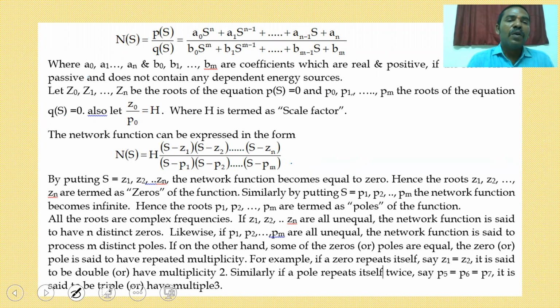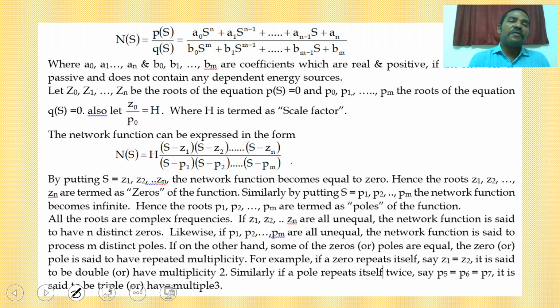Similarly, Q of s is b0 s power m plus b1 s power m minus 1 and so on, b(m-1) s plus bm, where b0, b1, b(m-1), bm are the coefficients of the denominator, and these must also be real and positive values only.